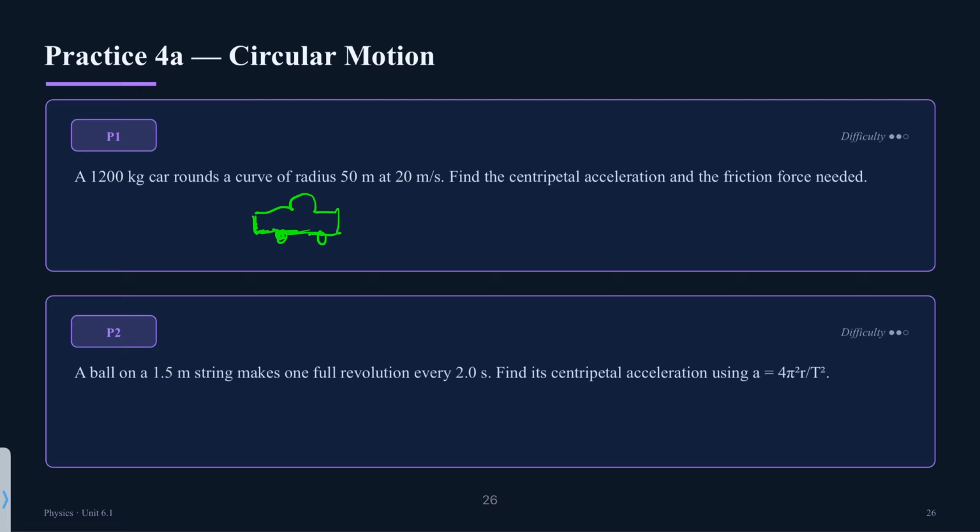The curve has a radius r of 50 meters, the mass is 1200 kg, and the velocity is 20 meters per second. We need to find the centripetal acceleration and the friction force needed, okay? So in this case, it's a bit hard to draw, but imagine that there's a sudden curve in the road, right?